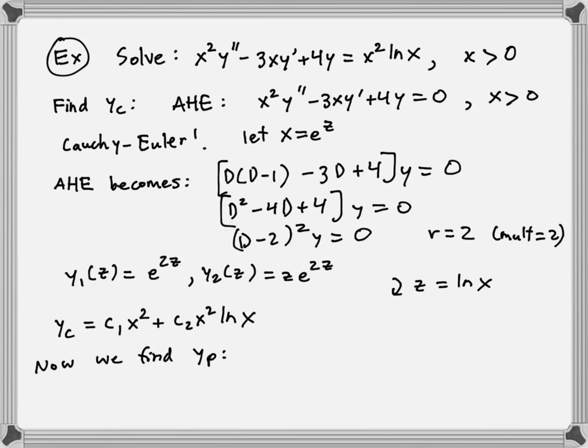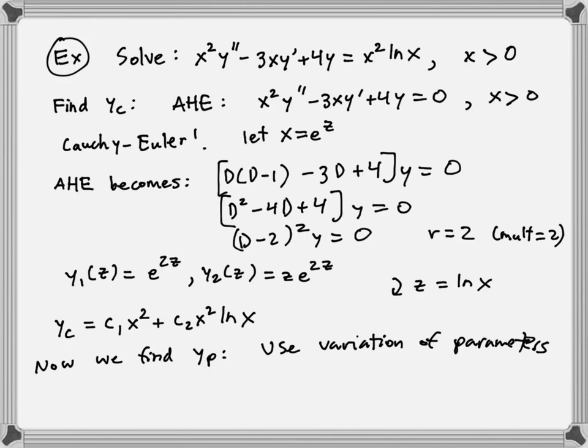There are two ways, though. What we could have done is replaced our x squared ln of x and transformed that with x equals e to the z also, and seen what became of it. So that is one way to do it, but I'm going to use variation of parameters.